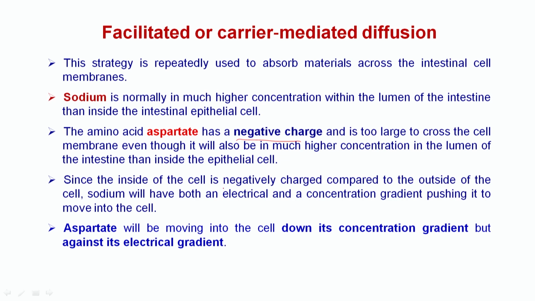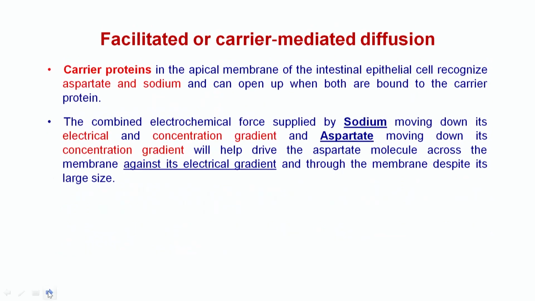Since the inside of the cells is negatively charged compared to the outside of the cell, sodium will have both electrical and concentration gradients pushing it to move into the cells. Aspartate will be moving into the cell down its concentration gradient but against its electrical gradient.